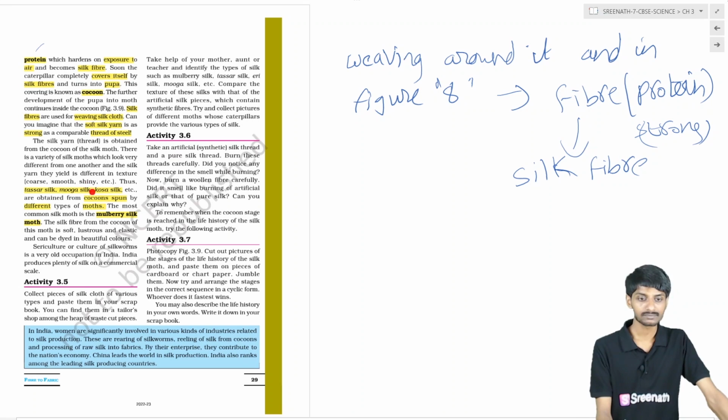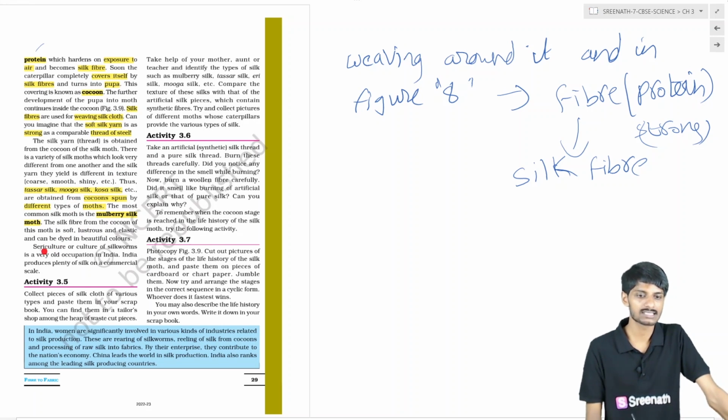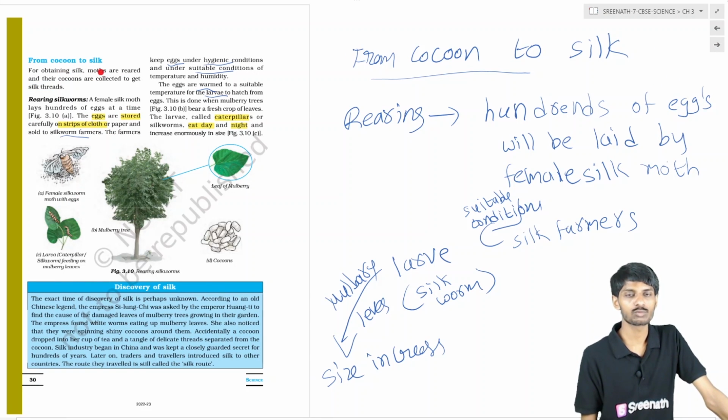So basically different types of silk moths give different types of silks, like tussar silk, muga silk and kosa silk. And after that, from cocoon to silk, what is the process? First we have to do rearing, which means we have to select the female silk moths.